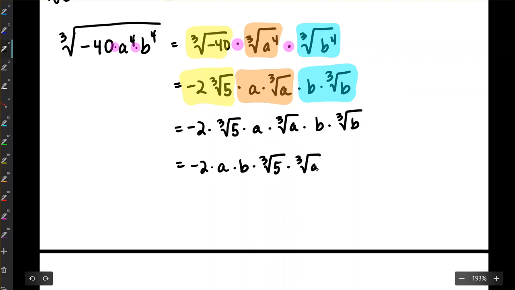And the reason for that is I can simplify this. Using my product property, the cube root of 5 times the cube root of a times the cube root of b is just the cube root of 5 times a times b, and that looks a heck of a lot nicer.